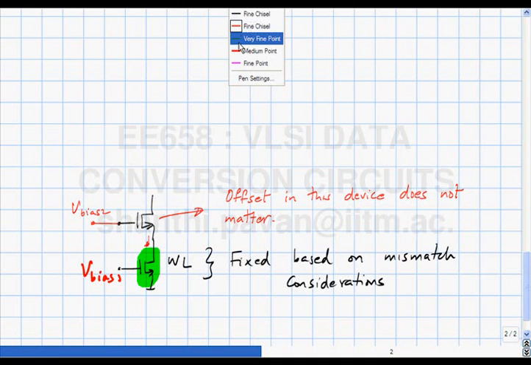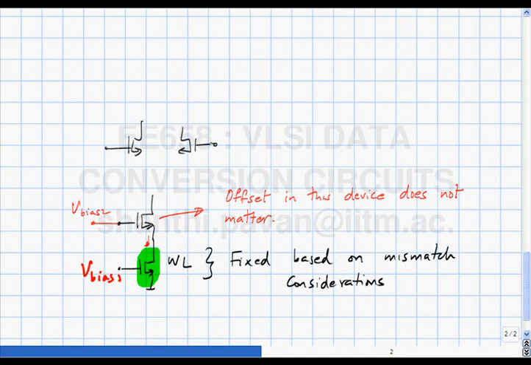The next thing to do is to get into a switch. And then this goes to the load.